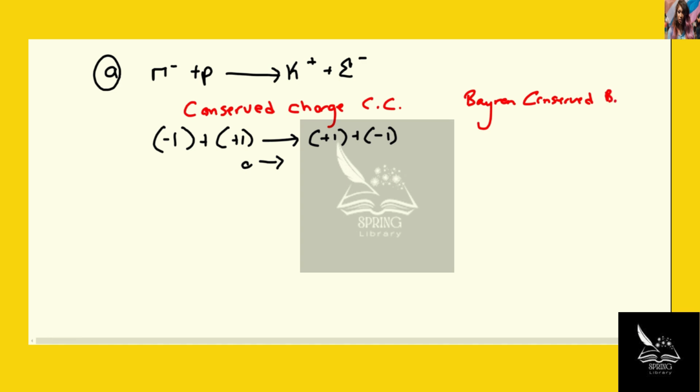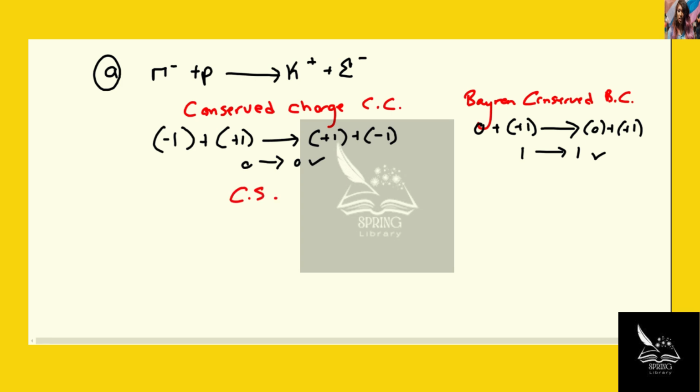We'll call it BC. It looks like we have 0 plus +1 on one side and 0 plus +1 on the other side. So we get 1, 1, so that checks out.